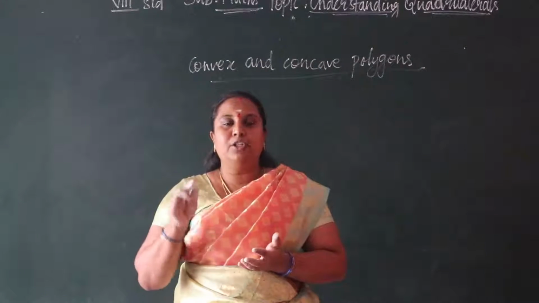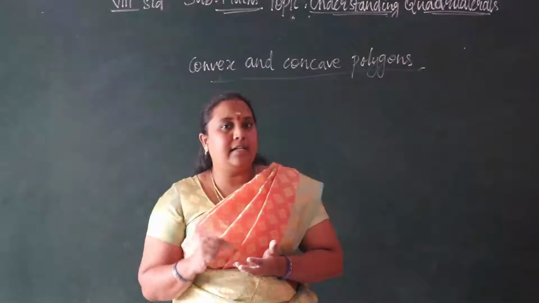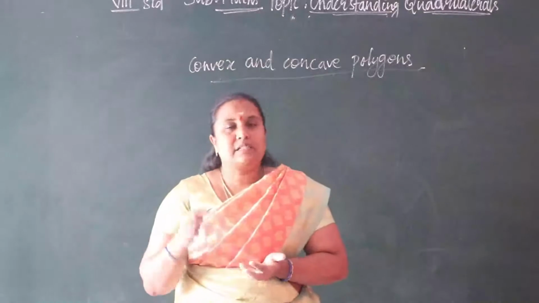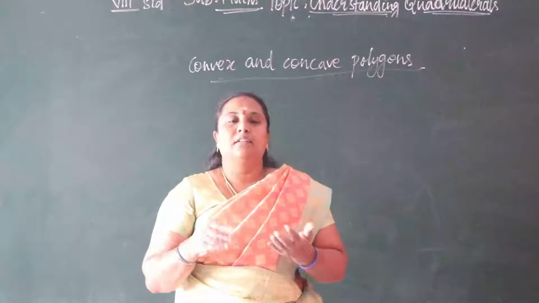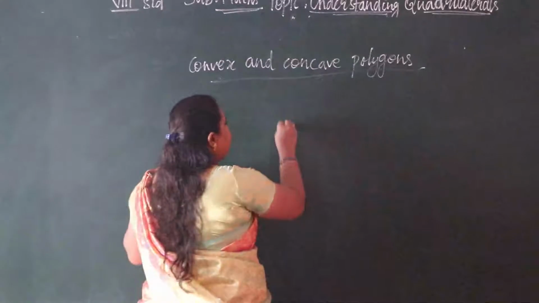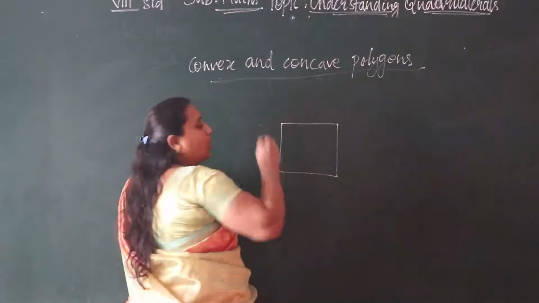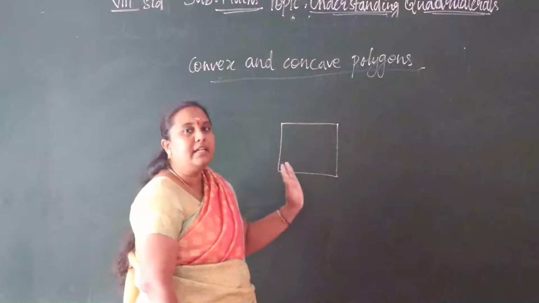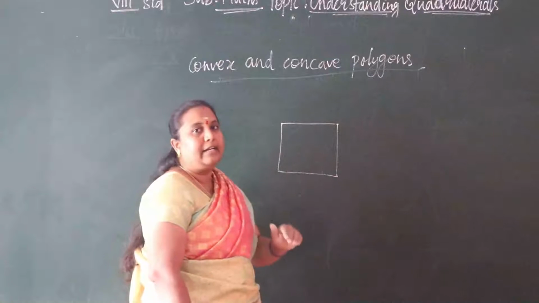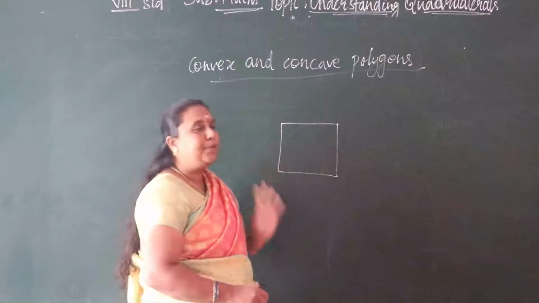Is it right? And you know the sum of the angles of a quadrilateral is 360 degrees. The four-sided polygon we can say is a quadrilateral. Is it right?